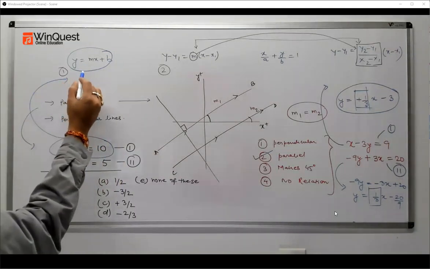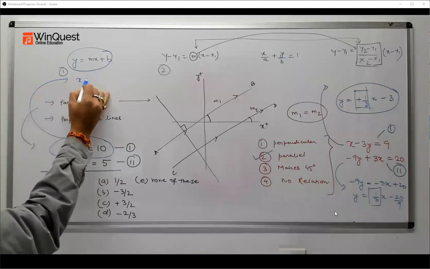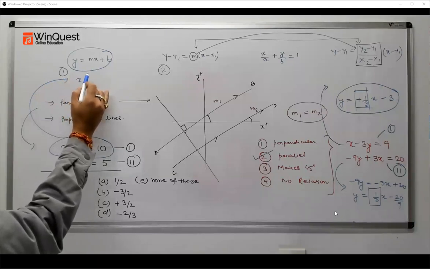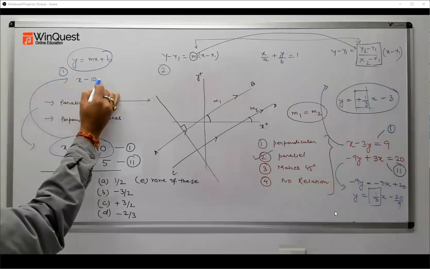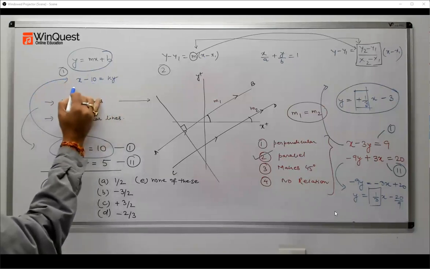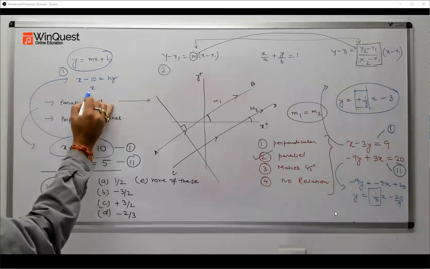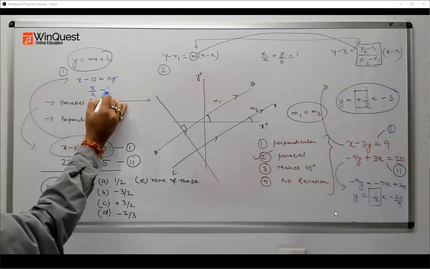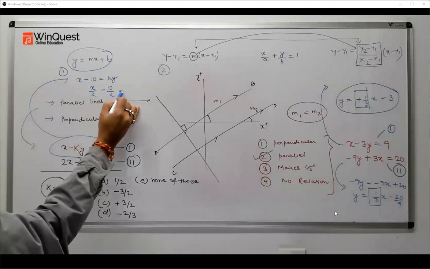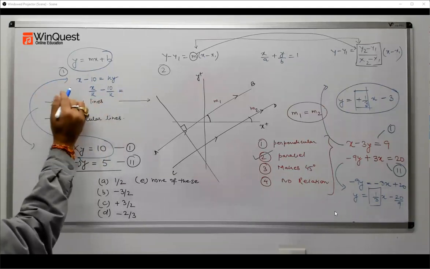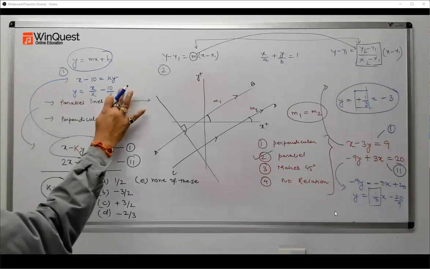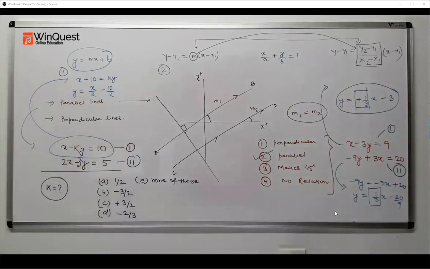So x minus 10 equals ky. Therefore, x by k minus 10 by k equals y. Y equals to this. Can I say this? This is what I'm getting.